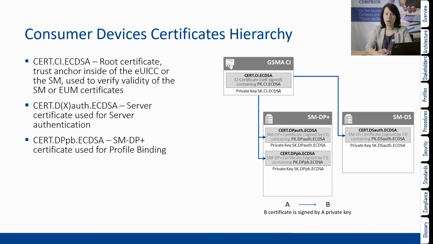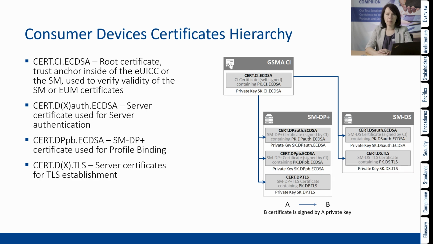Additionally, for the profile download itself and for the profile binding, the DPpb certificate is used. So this certificate is used for the actual key establishment procedure. And yes, using this certificate, new keys can be derived and used in this symmetric protocol.